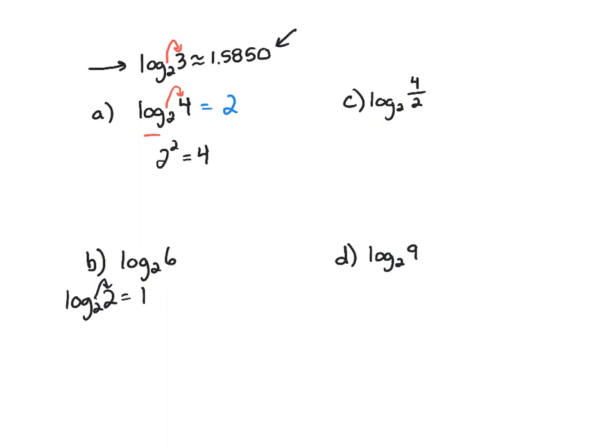So I'm going to break apart log base 2 of 6. So log base 2 of 6 is the same thing as log base 2 of 3 times 2. Now, if you remember your properties of exponents, when you multiply things together, you add the exponents. So this is kind of the same thing. So we have a multiplication problem, and to break that log apart into two separate logs, we're going to go backwards.